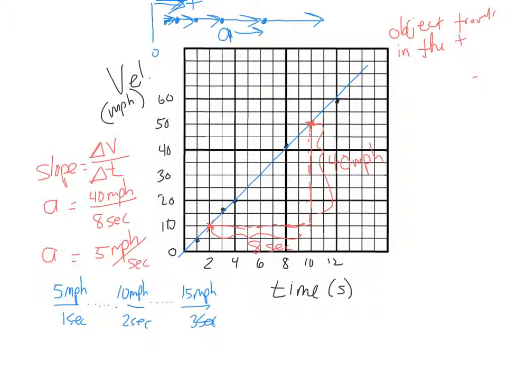Object travels in the positive direction with a positive acceleration. So it's speeding up. So there you go. I suppose that would be a good enough description for what we see here.